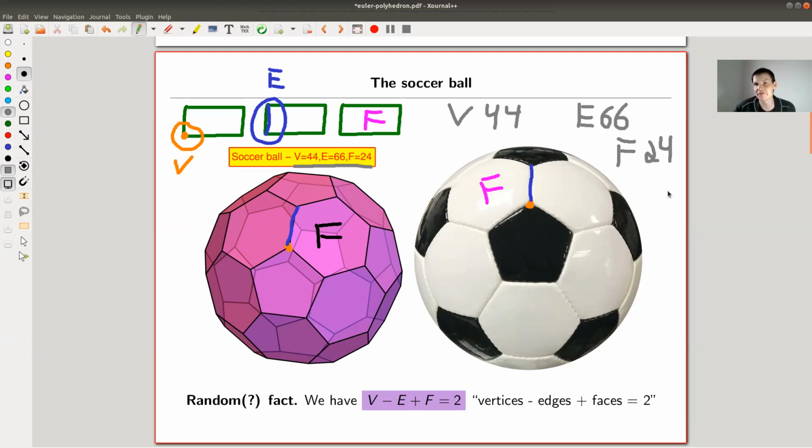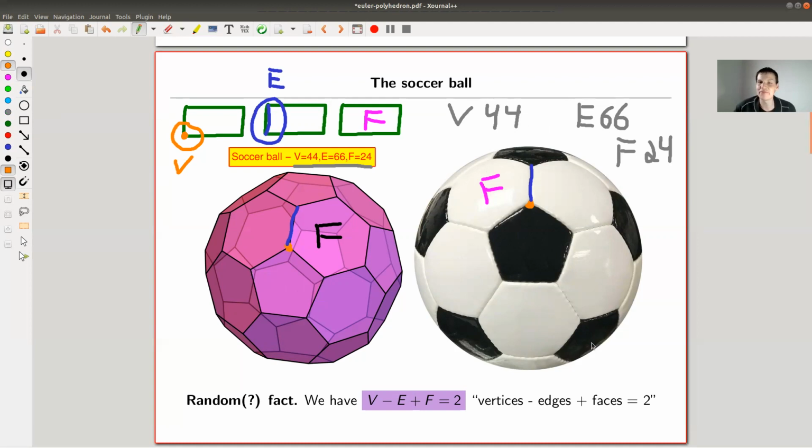It's not so hard, right? You just count. It's a very finite counting problem. So you get 44, 66, and 24. Well, those seem to be pretty random numbers. And what Euler then did, well, certainly he didn't count vertices, edges, and faces of a soccer ball, but basically he said, okay, those numbers look pretty random, and the sum is also pretty random.